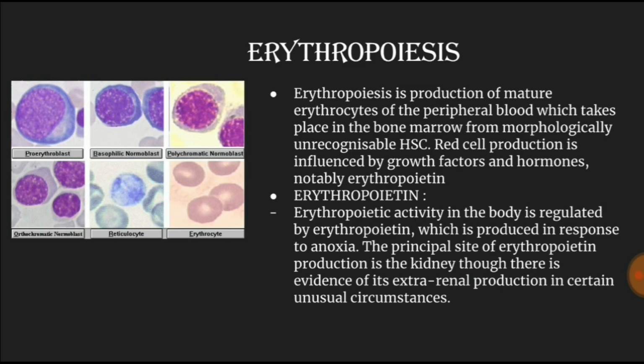There is a production of erythropoietin, a hormone which triggers the production of RBCs. Erythropoietin is produced by the kidney and is involved in the formation of RBCs.